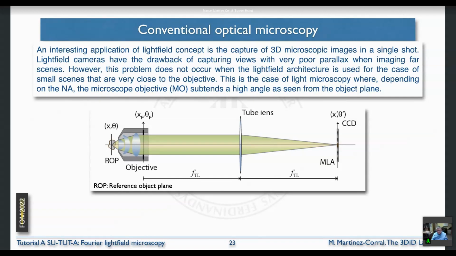So a conventional microscope is an optical system in which we can receive light proceeding from the object with a large perspective angle, with large angular information, and therefore it is a good candidate for applying the Lightfield concept.